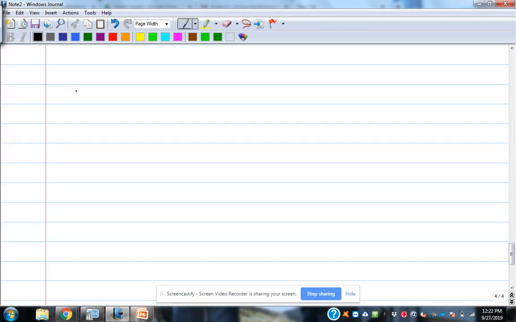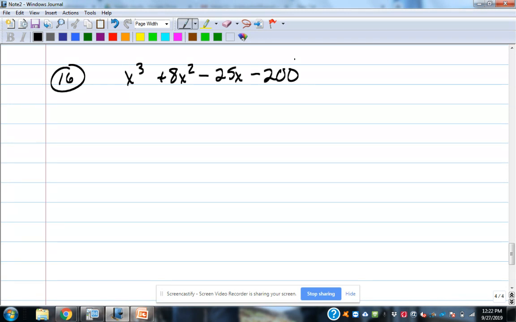Let's go to the heavy lifting step. X cubed plus 8x squared minus 25x minus 200. Okay, why grouping? Because there's 4 terms, 4 pieces there.